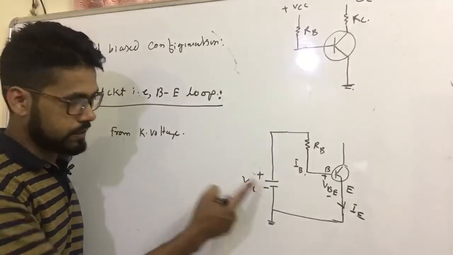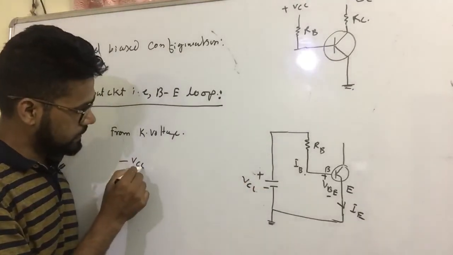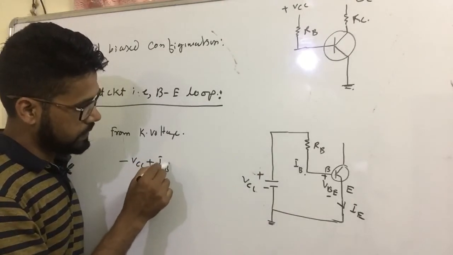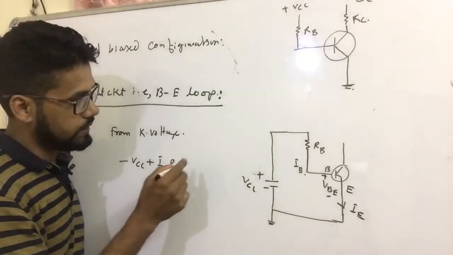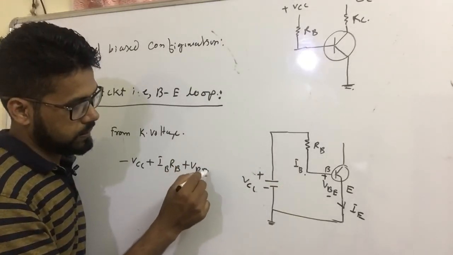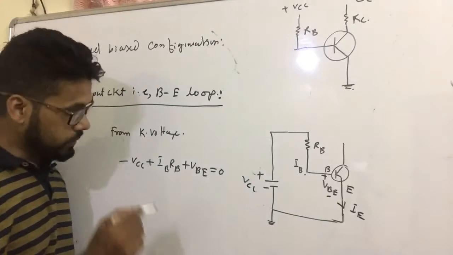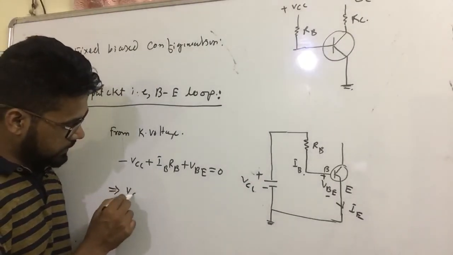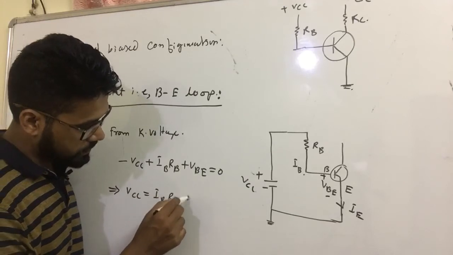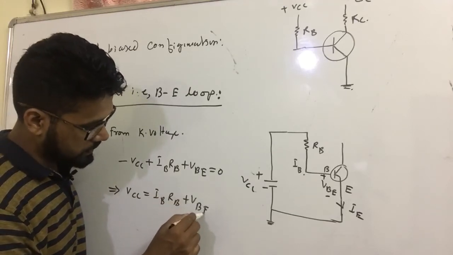We are going from minus, so minus VCC, plus IB RB, plus VBE equal to 0. Or you can say VCC equals IB RB plus VBE, is it okay?